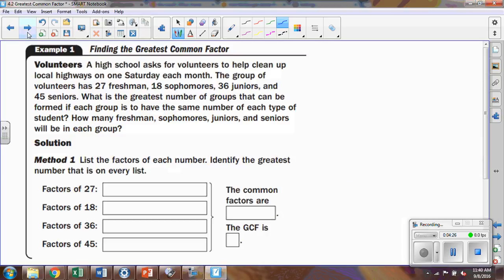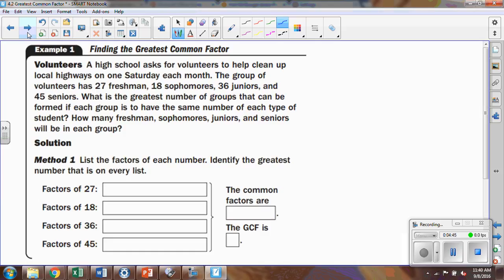Now, first thing we want to be able to do is find the greatest common factor. So here's our situation. A high school asks for volunteers to help clean up local highways one Saturday each month. The group has 27 freshman volunteers, 18 sophomores, 36 juniors, 45 seniors.